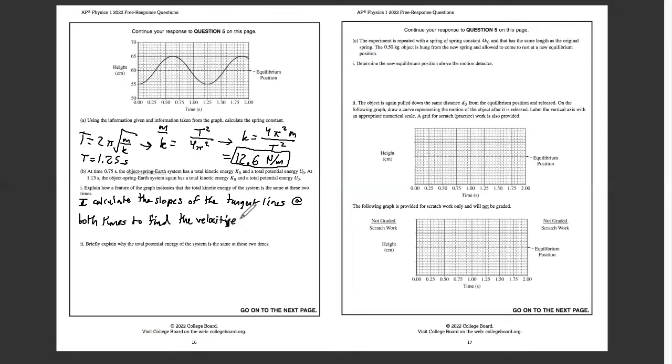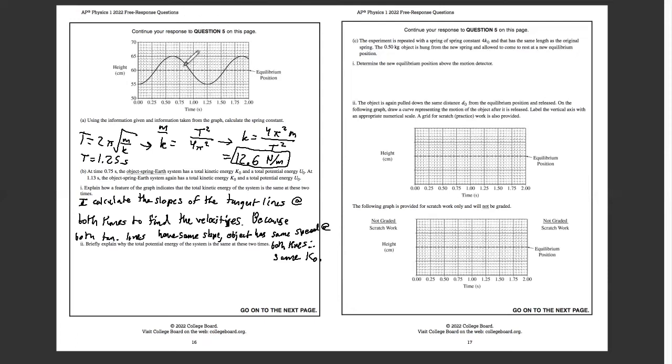To find both velocities, rather, because both tangent lines have the same slope, the object would have the same speed in both cases, at both times. Therefore, same kinetic energy. All right, briefly explain why the total potential energy is the same at both times.